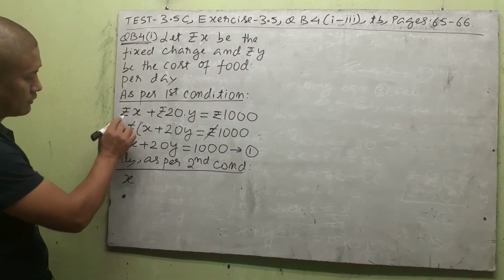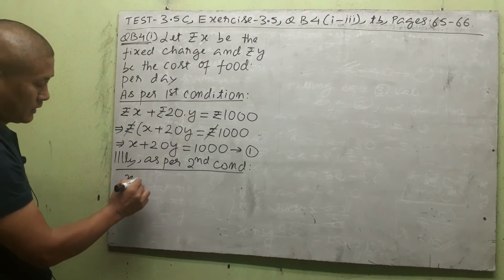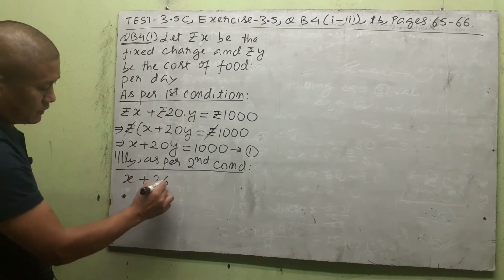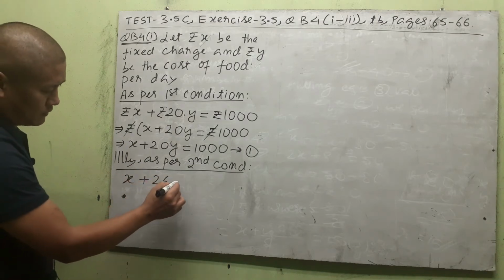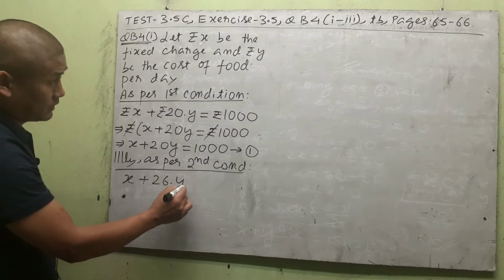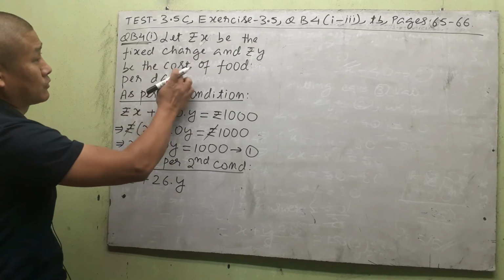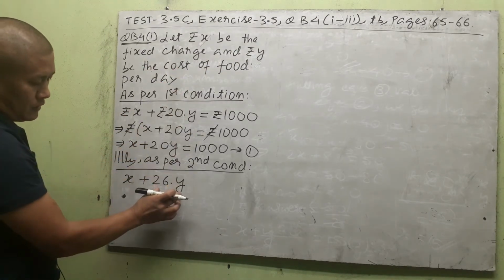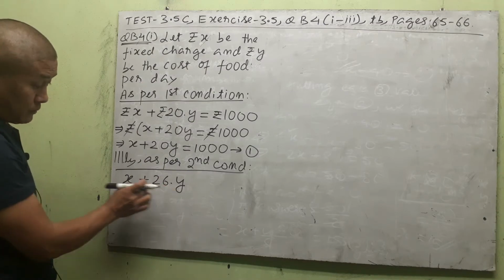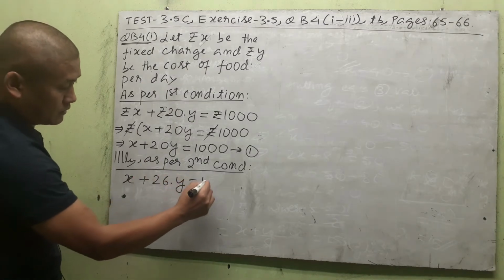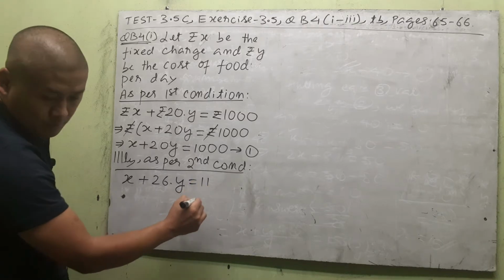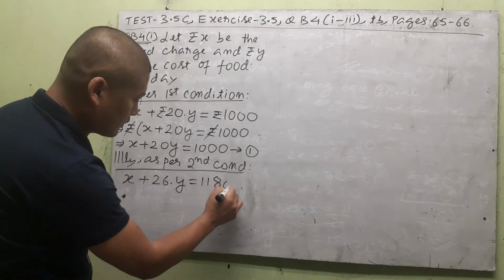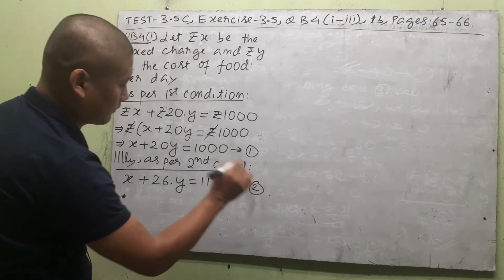I put just similarly, so I won't involve the rupees anymore, okay. Plus she stays for 26 days, number of days into charge of food per day is rupees Y, cost of food per day. That is the total charge of food for 26 days plus fixed charge. She is paying 1180. So this is equation number 2.